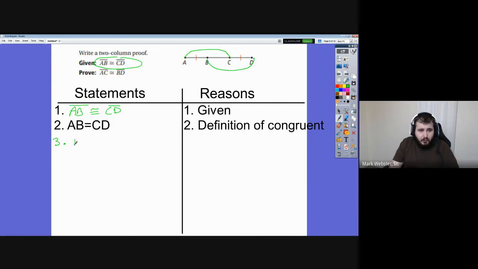So we're going to write it out. AC is equal to AB plus BC, and the only difference there is this is segment addition instead of angle. And then same thing with step 4. BD is the same as BC plus CD.